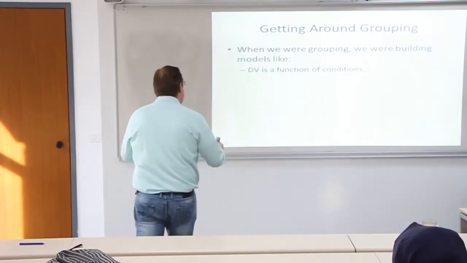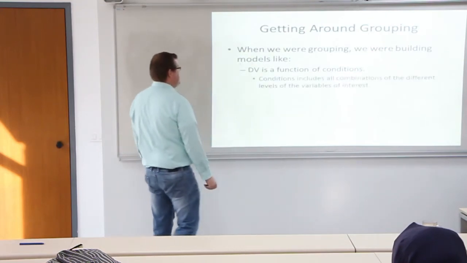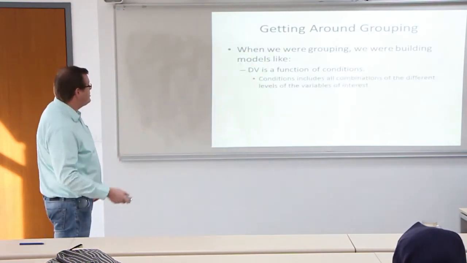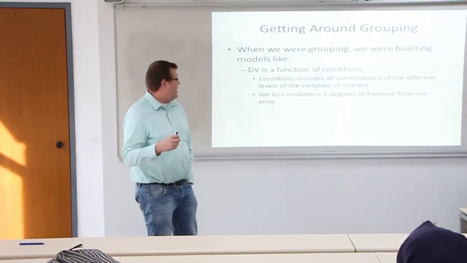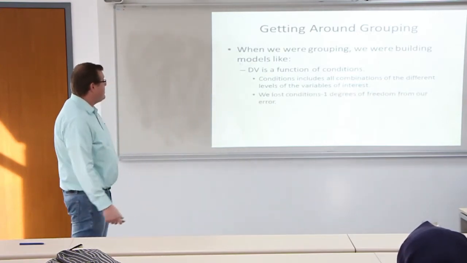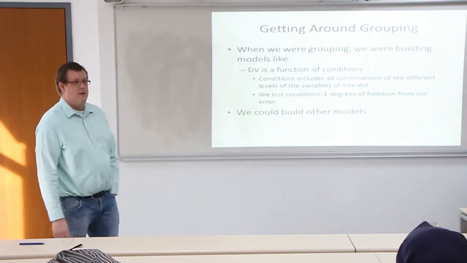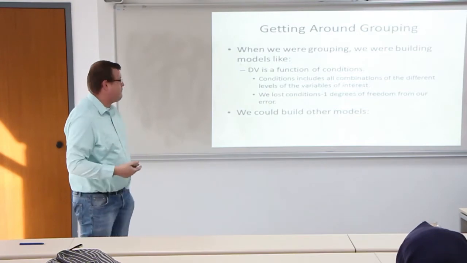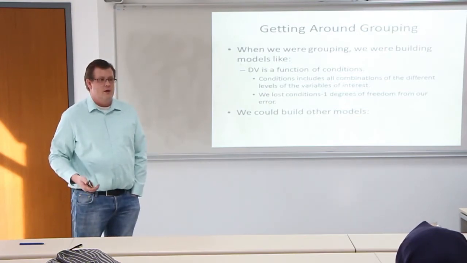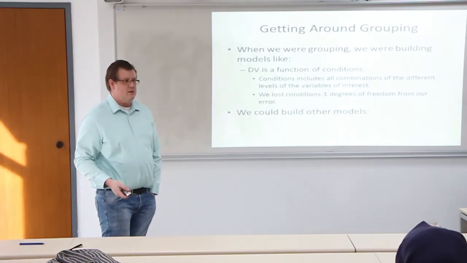So we have our dependent variable is a function of conditions. Now the conditions include all the combinations of the different levels of the variables of interest, and we lost conditions minus 1 degree of freedom from our error. We could build other models. We don't have to say the dependent variable is a function of conditions. We could say something else.